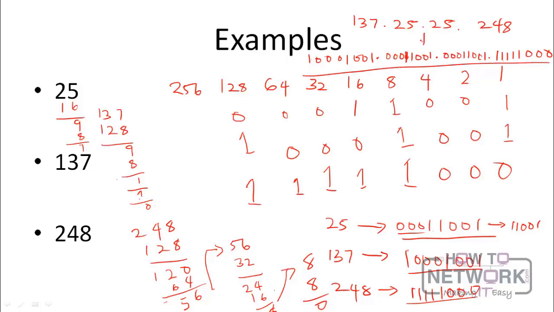So that's how to convert a decimal IP address to the real binary format. And that's the format machines understand.